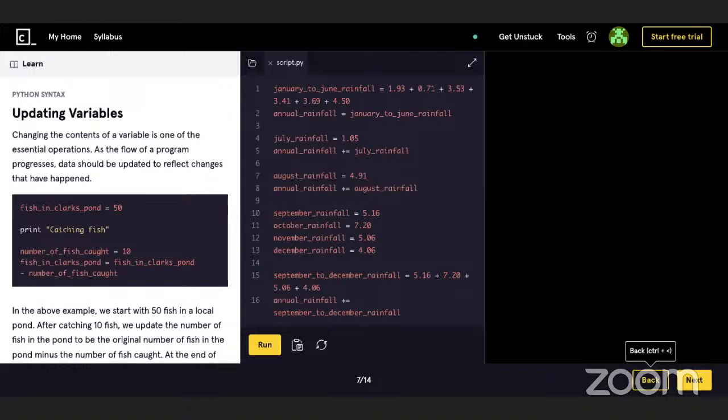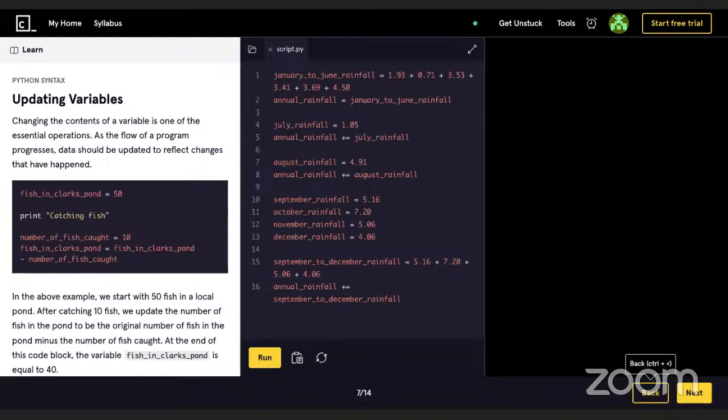He added, you know where it says the July rainfall and then August rainfall, and then September, and then October, November, and December. He put those together and added it. Like here where it says January to June rainfall, that was before.